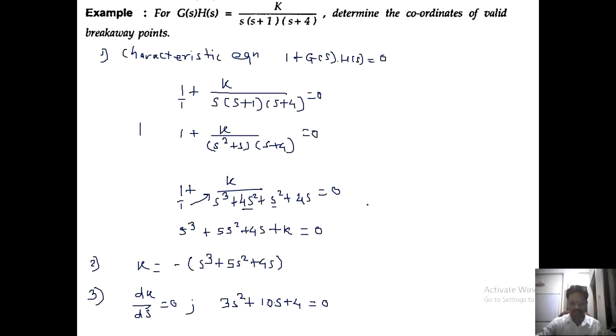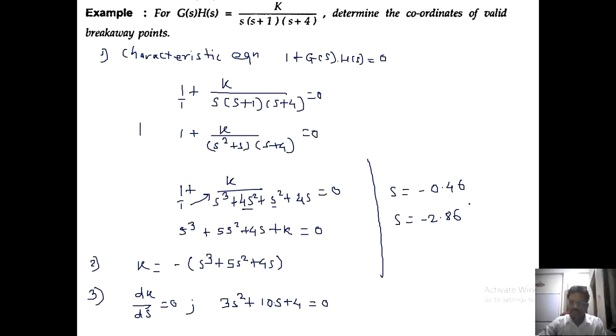You will get values of approximately minus 0.46 and minus 2.86. We got two values, that means 2 points.